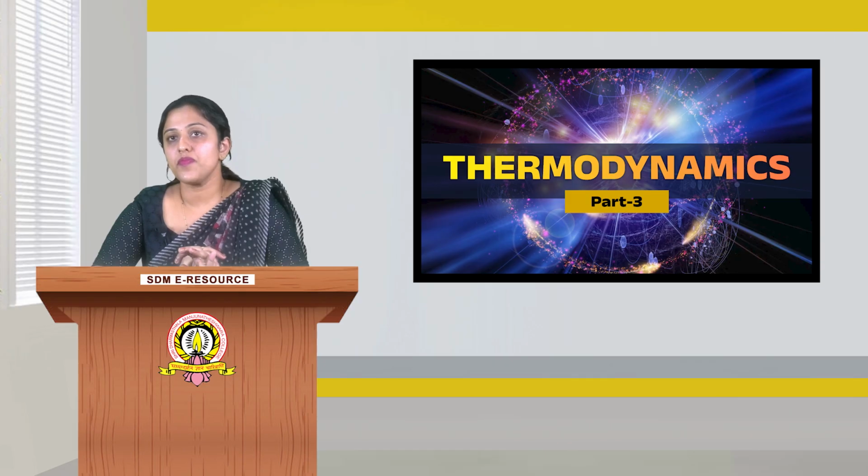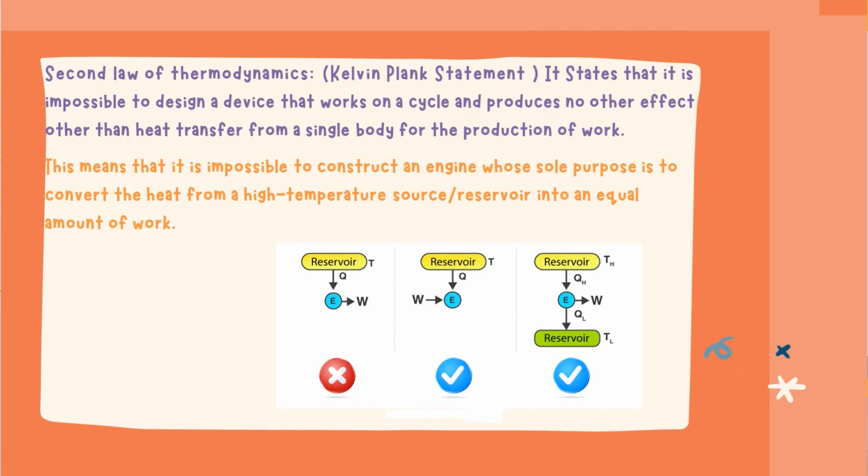The second law of thermodynamics is given by Kelvin-Planck and it is called the Kelvin-Planck statement. According to this, it is impossible to design a device that works on a cycle and produces no other effect other than heat transfer from a single body for the production of work.